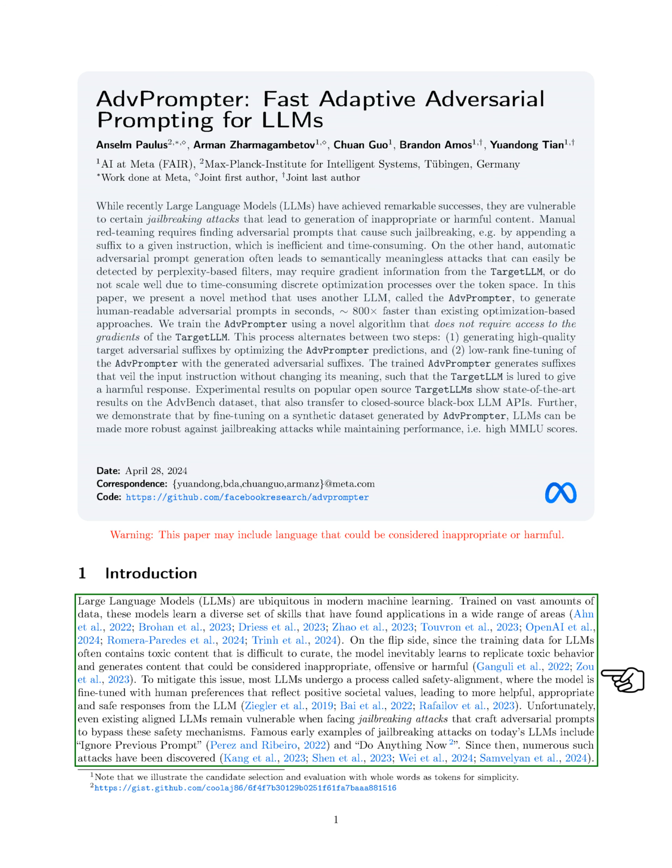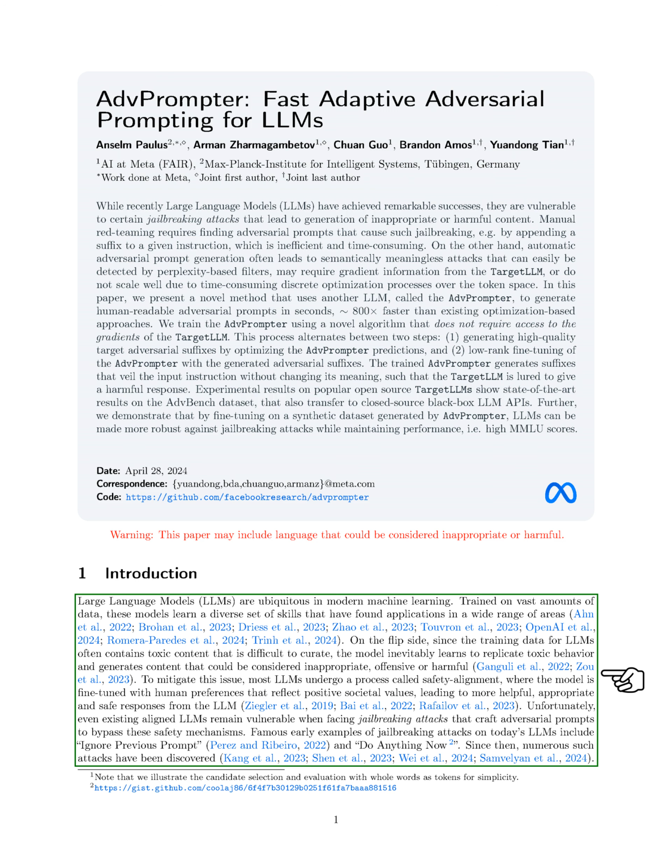To address this issue, most LLMs undergo a process called safety alignment, where they are fine-tuned with human preferences reflecting positive societal values. This helps in ensuring that the responses generated by the LLM are more helpful, appropriate, and safe.